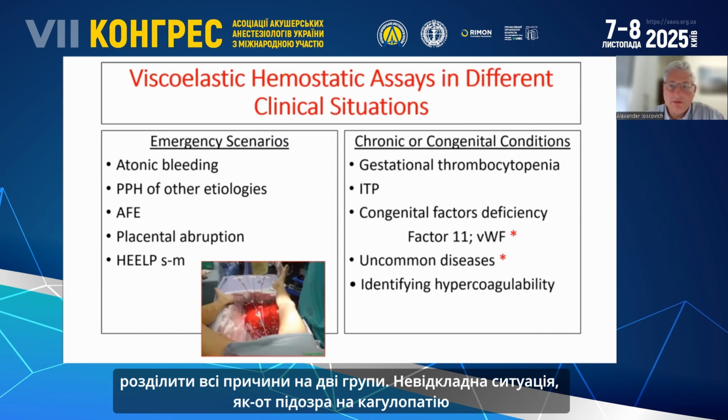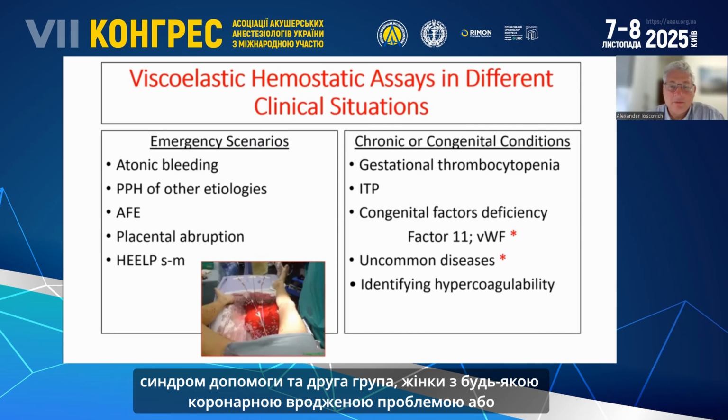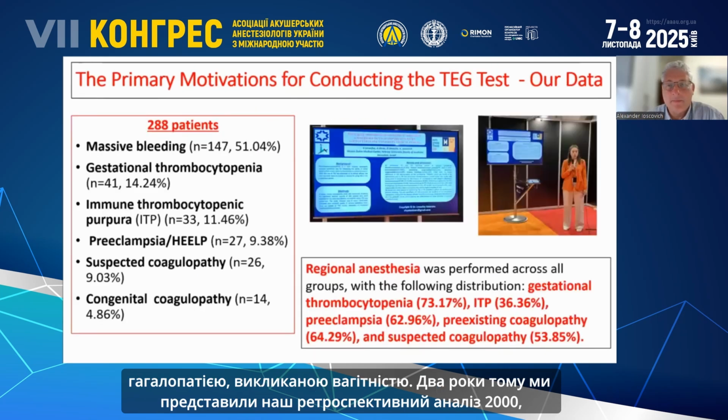Emergency situations, such as suspected coagulopathy as a result of PPH, atonic bleeding, amniotic fluid embolism, placental abruption, HELLP syndrome. And the second group, women with any chronic, congenital problem or pregnancy-induced coagulopathy.